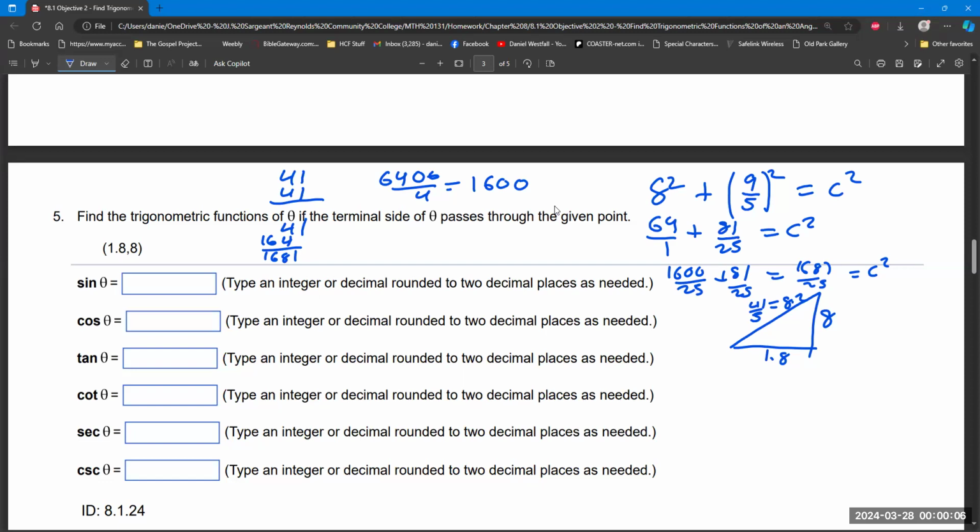And let's go ahead and just deal with them as fractions here. It says a decimal rounded to 2 decimal places is needed.